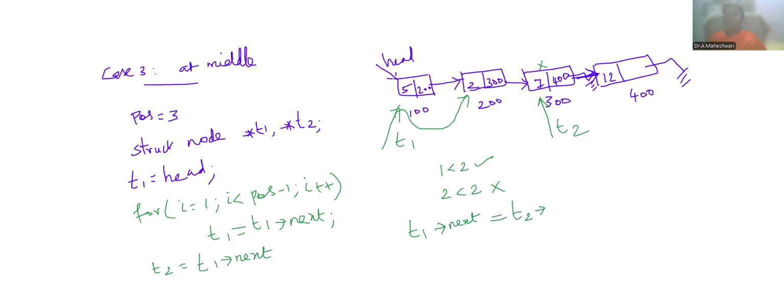Now this is changed to 400. That means the link is erased here. This is pointed to where 400 is available. Now we can free this node, right? Easily. So free of T2. That's it. Okay. So deletion is over.